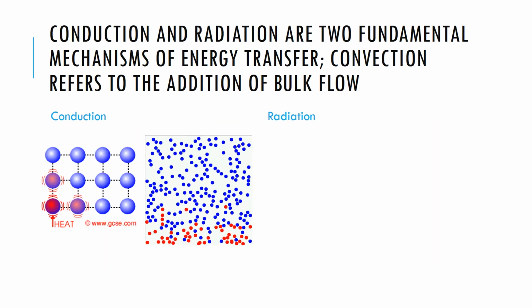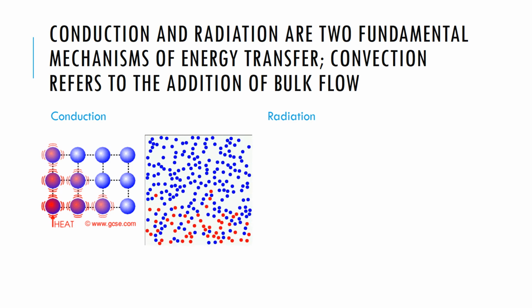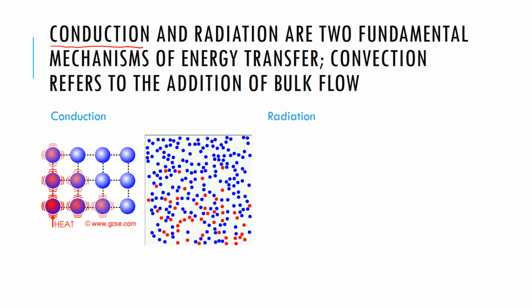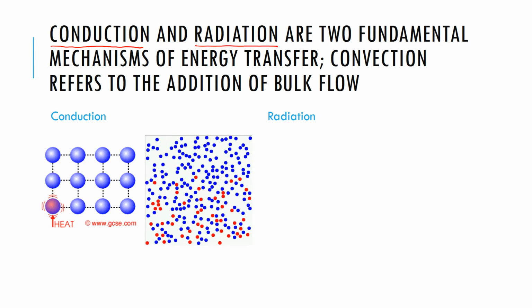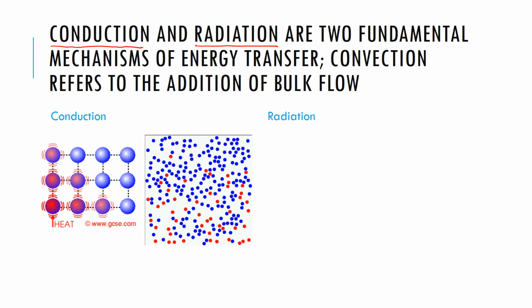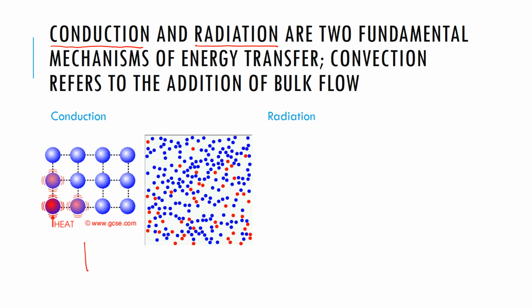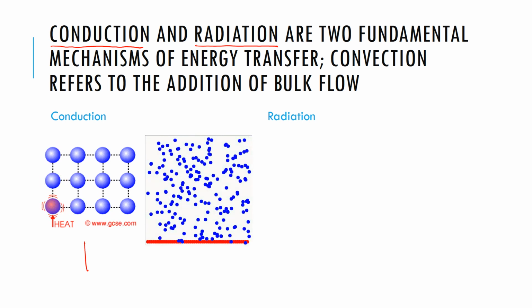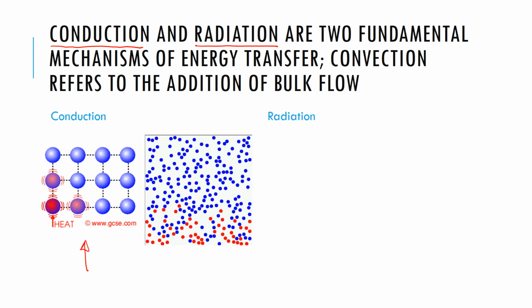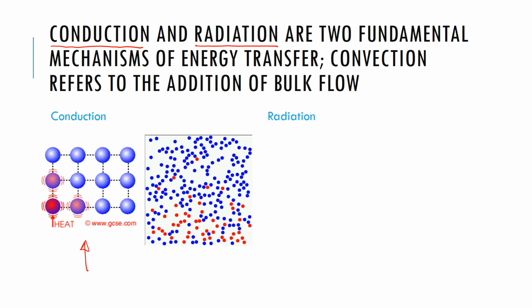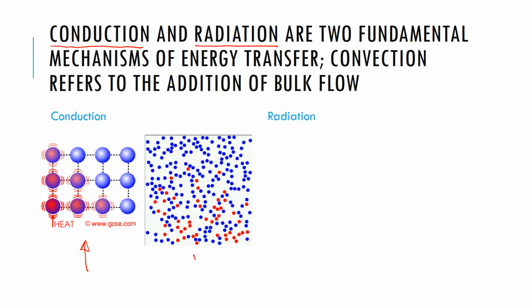Let us first contrast the mechanism of conduction heat transfer and the mechanism of radiation heat transfer. As you can see, in a solid, conduction happens through lattice vibration, and the heat movement is through direct contact.